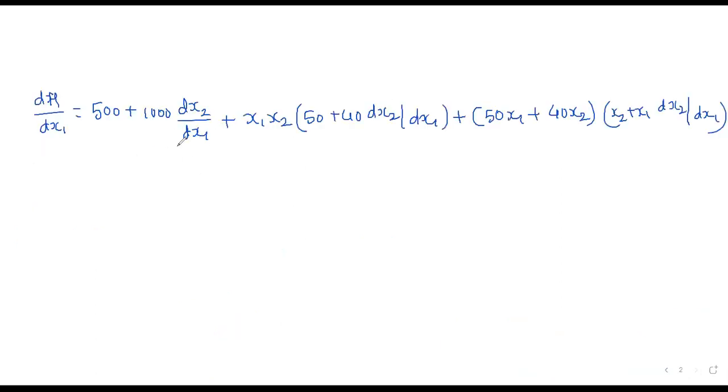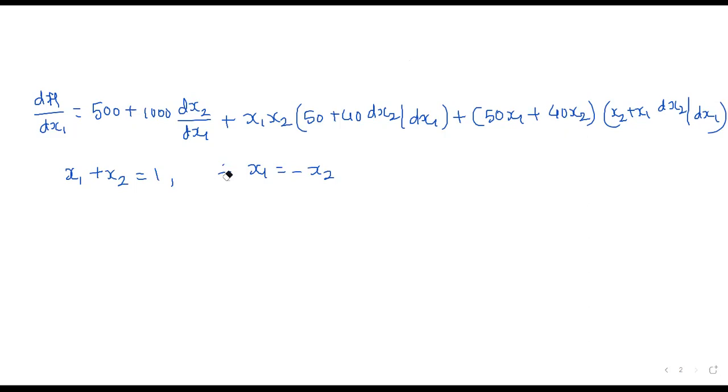So dH divided by dx1 we put. Now we have to remove x2 because we want only x1 terms. So let's remove dx2 divided by dx1 and convert everything to only x1 terms. We have x1 plus x2 equal to 1.